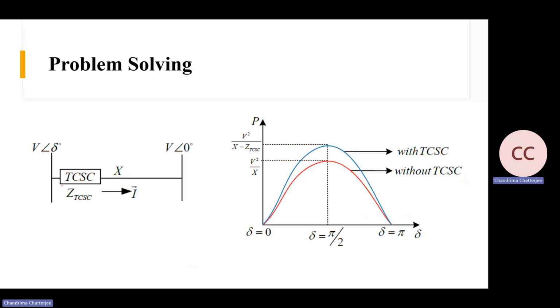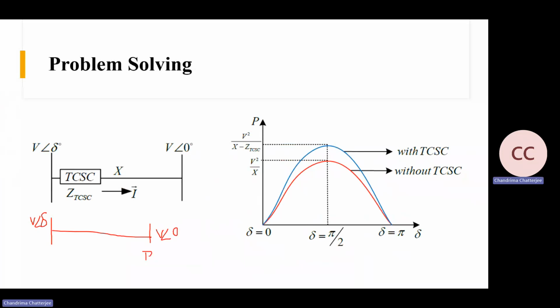Suppose the TCSC is not here, and there is only the transmission line. So this is V angle delta and this is V angle 0. In that case, what is the steady state power transfer?